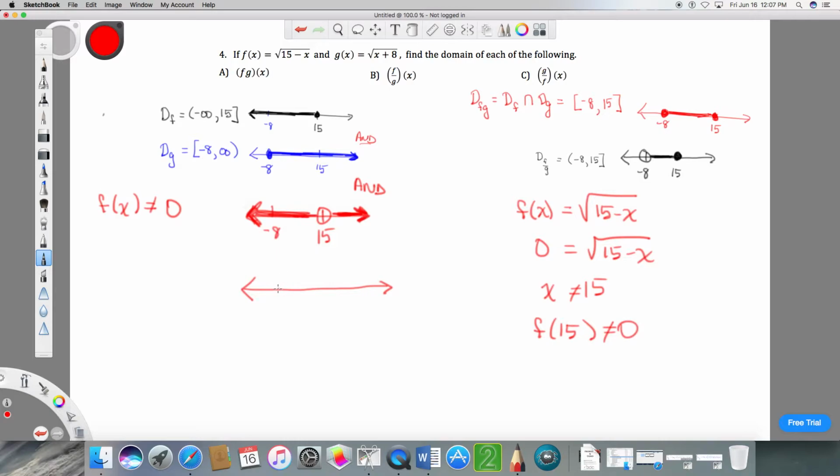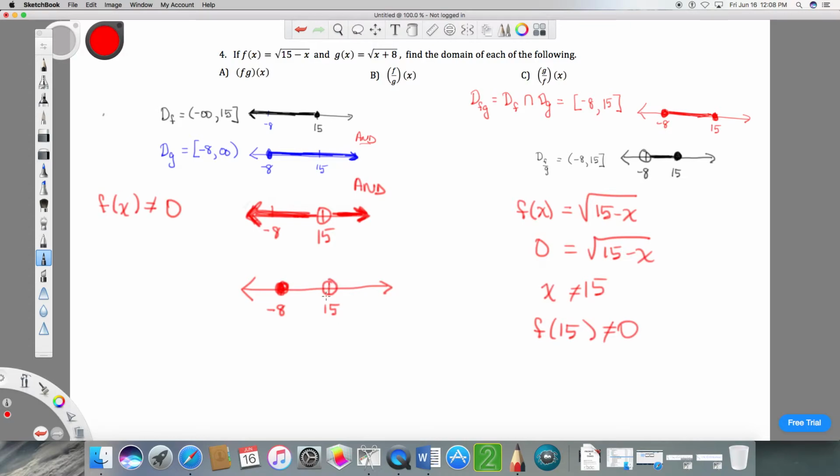So the points of interest in all three of these, the endpoints, are -8 and +15. -8 is shaded in all three of these sets, so it will be included in the intersection. +15 is excluded from this third one, so it's excluded from the intersection.